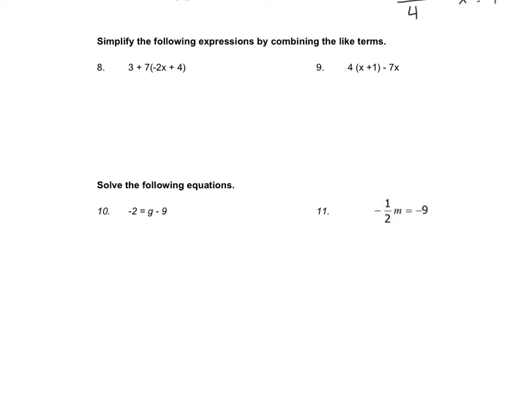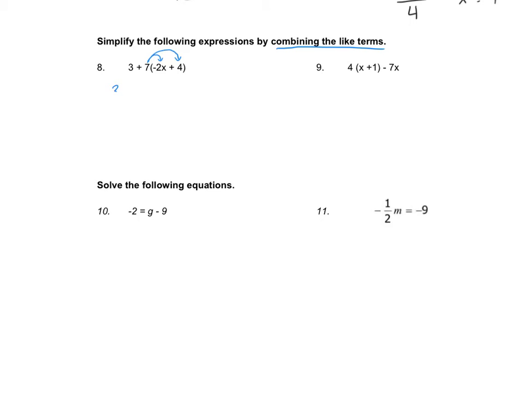My next one, we need to simplify the expressions by combining our like terms. So if I'm combining my like terms, I first need to distribute, because I can't do what's inside the parentheses. I'm not going to add here because that's the order of operations.